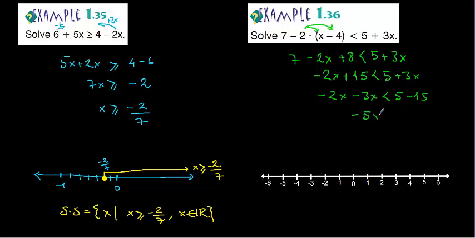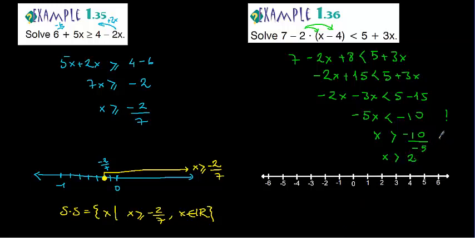Minus 5x is less than minus 10, and you should be careful again because we are dividing by negative numbers, so x is greater than minus 10 over minus 5, and x is greater than 2.